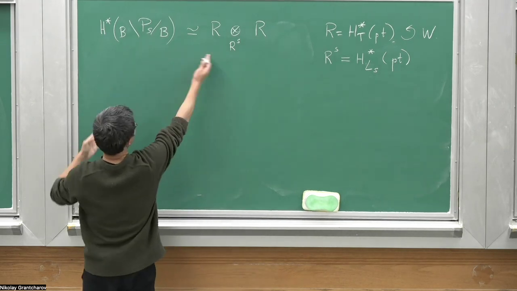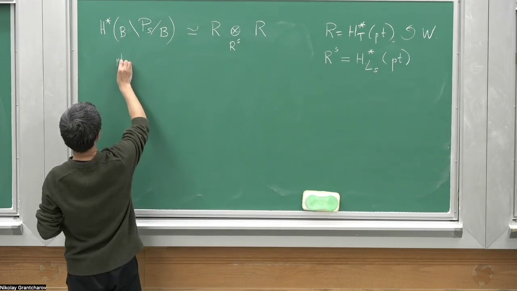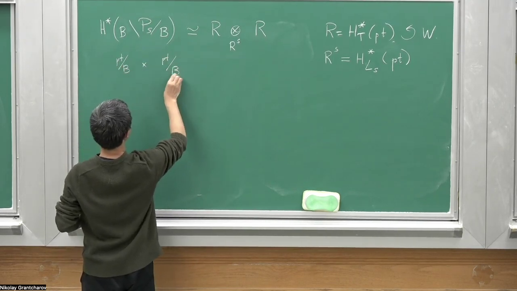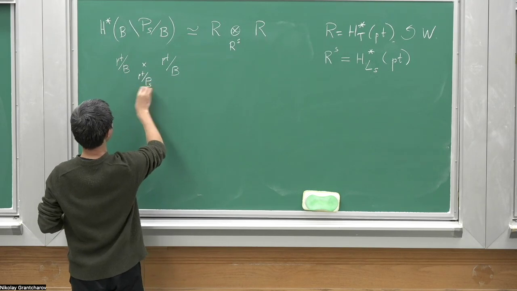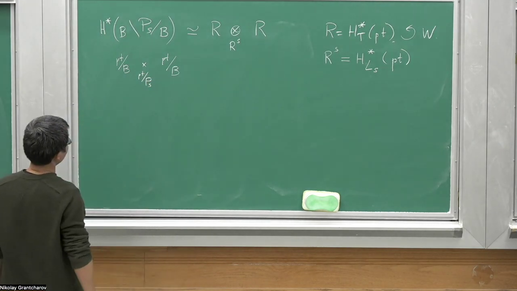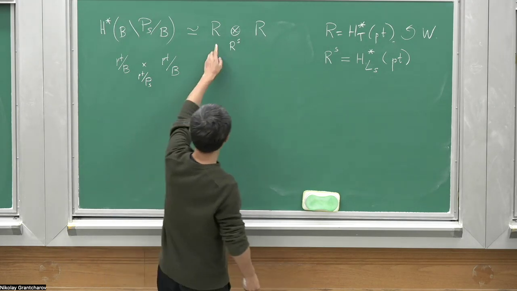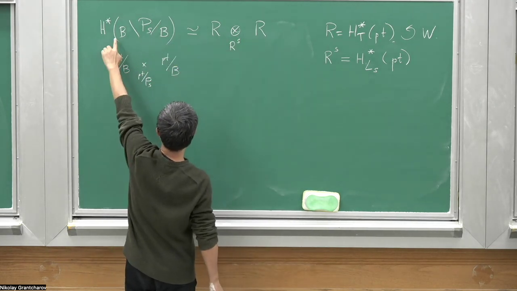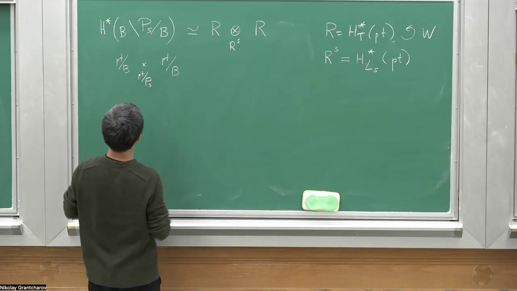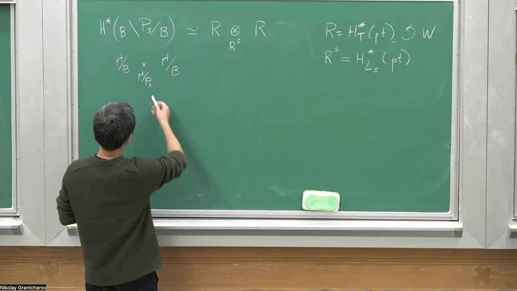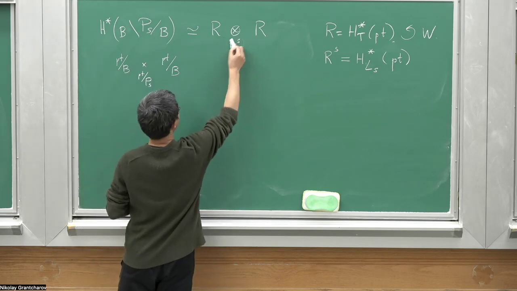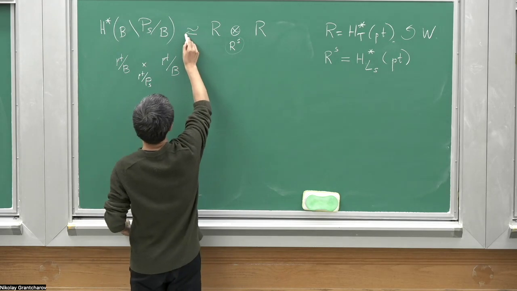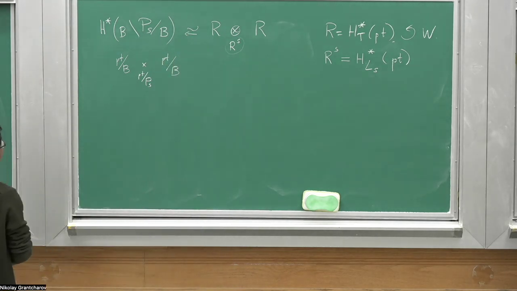And formally, this is just point mod P times point mod P over point mod P. And that's how you see these two factors or subalgebras are really mapped to this ring, because they are the two projections. And this copy is common in both. So at least you see there's an isomorphism.